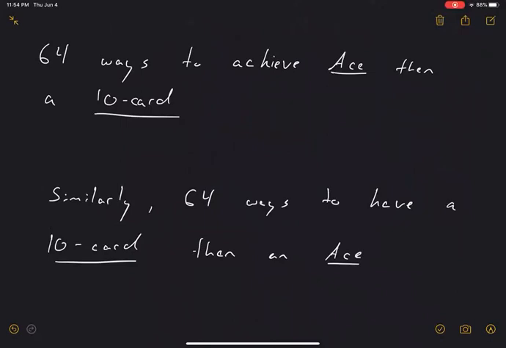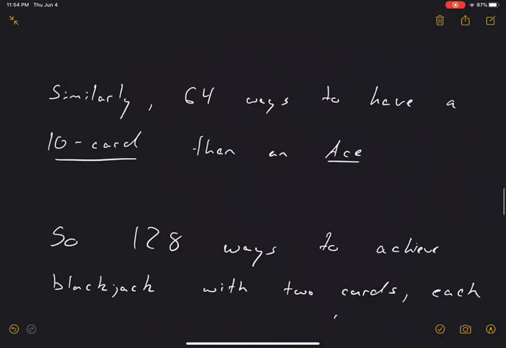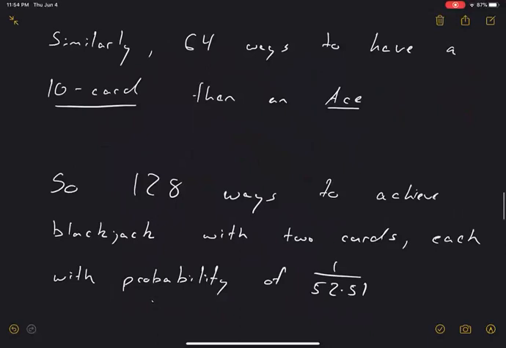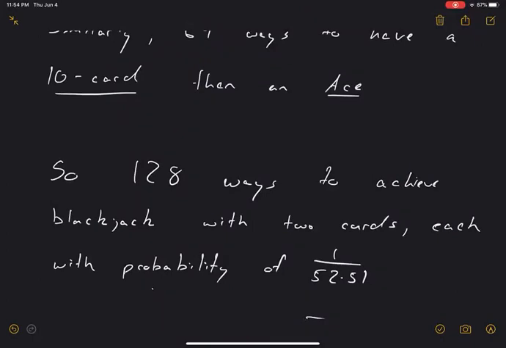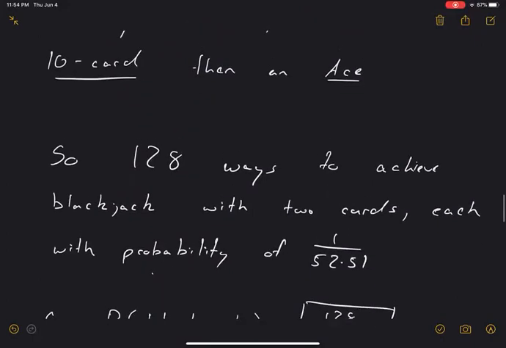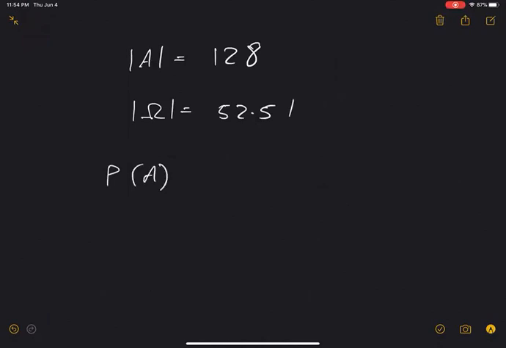So in total, there are 128 ways to achieve blackjack with 2 cards. So the cardinality of A equals 128, and we know from previously that the cardinality of omega is 52 times 51. So the probability of A is 128 over 52 times 51.